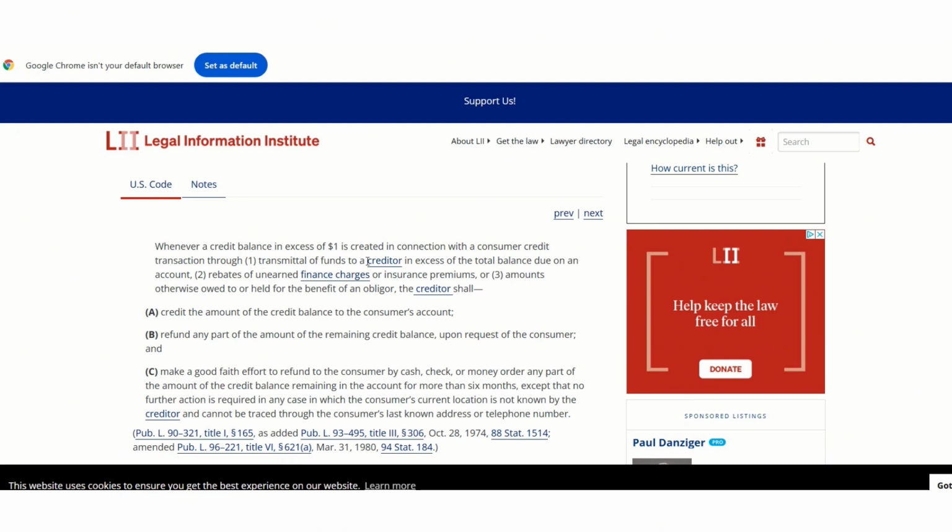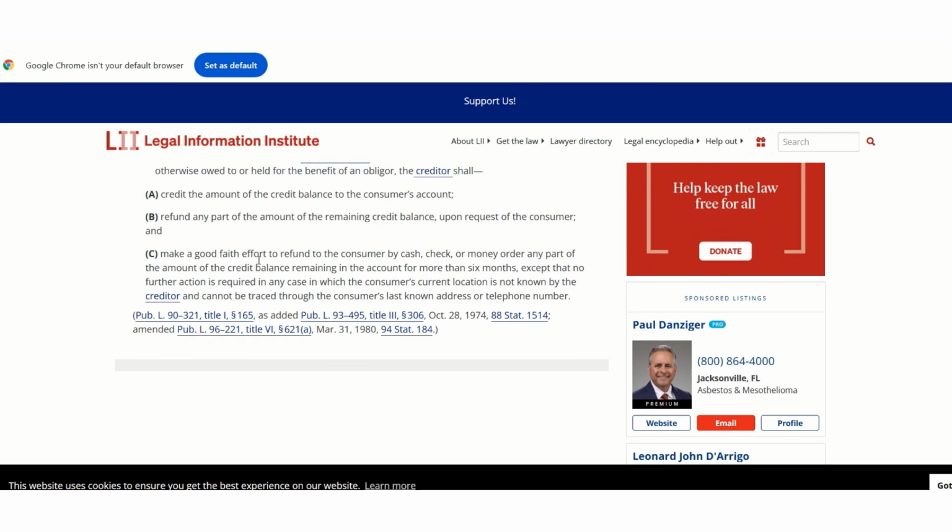Rebates of unearned finance charge or insurance premiums or amounts otherwise owed to or held for the benefit of an obligor, the creditor shall credit the amount of the credit balance to the consumer's account, refund any part of the amount of the remaining credit balance upon request of the consumer, and make a good faith effort to refund to the consumer by cash, check, or money order any part of the credit balance remaining in the account for more than 6 months.